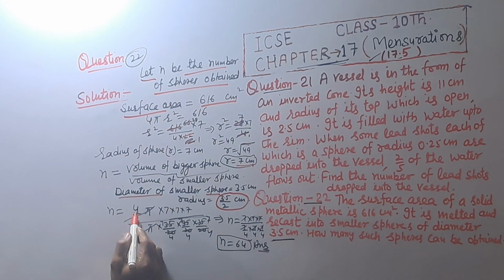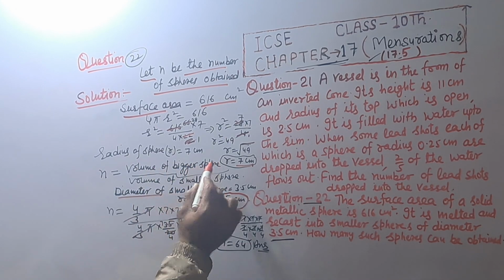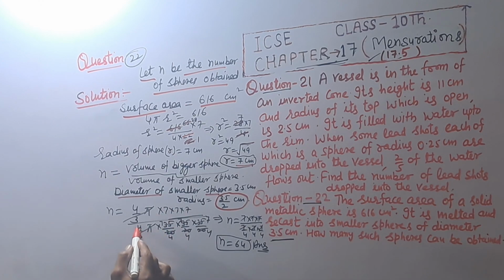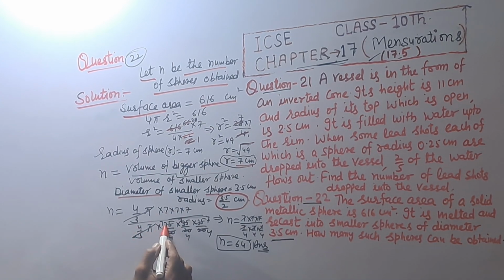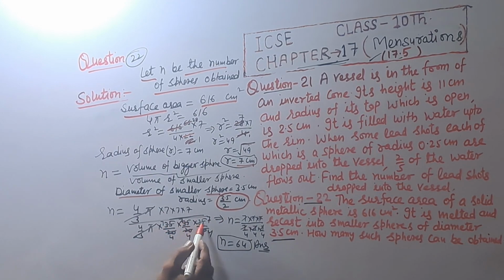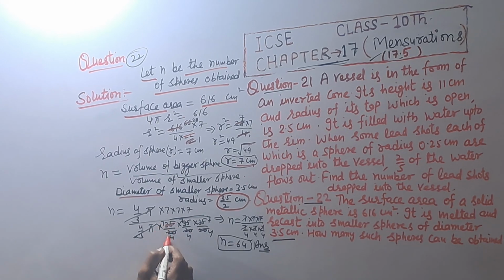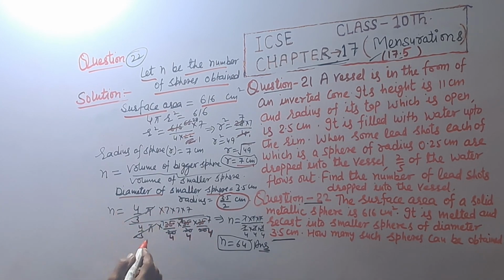And n is equal to 4 upon 3 pi, radius of bigger is 7 into 7 into 7, and 4 upon 3 pi, radius of smaller sphere is 35 upon 20 into 35 upon 20 into 35 upon 20. 7 5s are 35, 4 5s are 20.